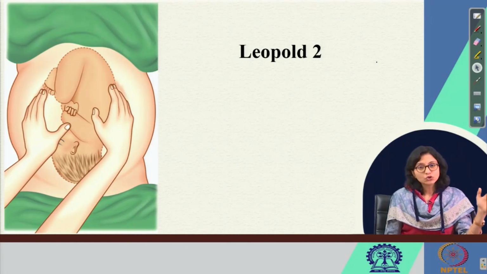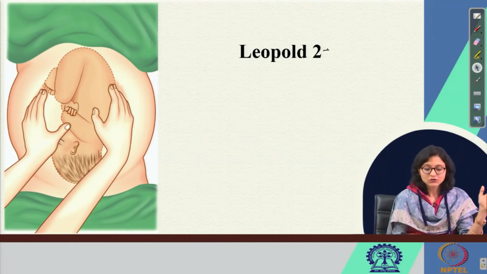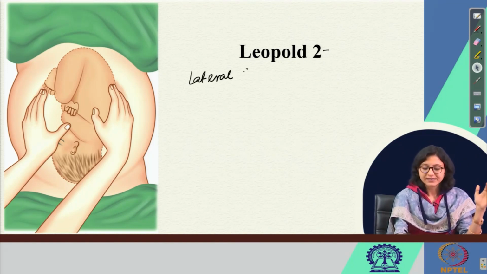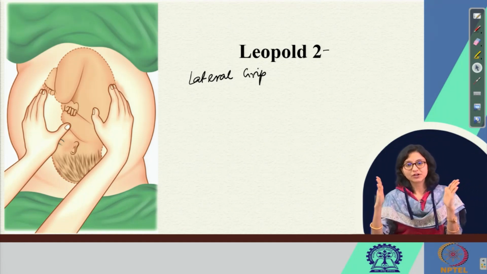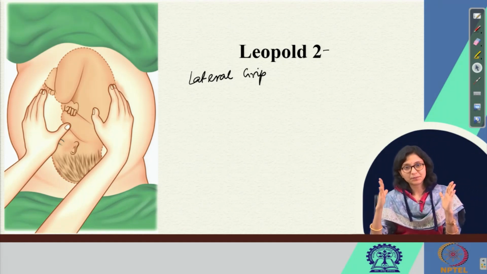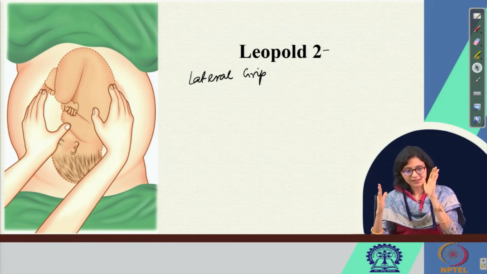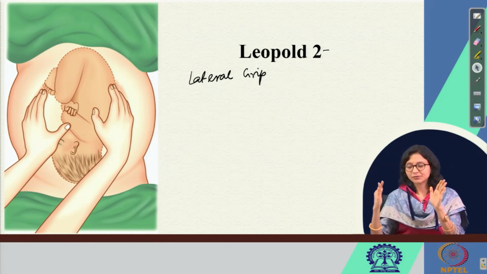Now, Leopold II is also called the lateral grip. With the two palms on the two lateral walls of the uterus, you palpate. The left hand palpates the right side of the mother and the right hand the left side of the mother.